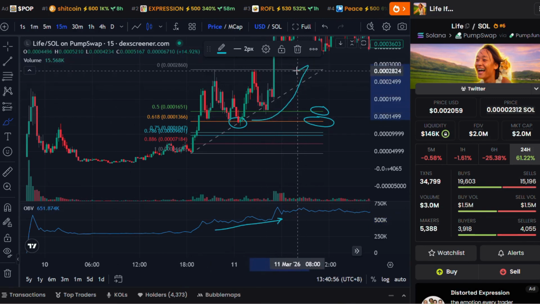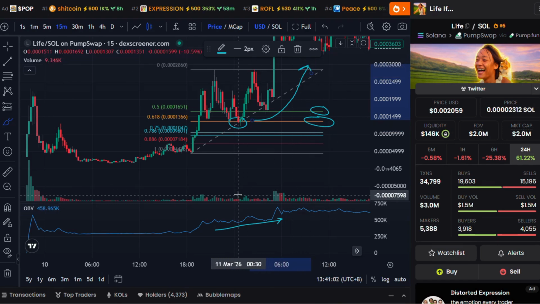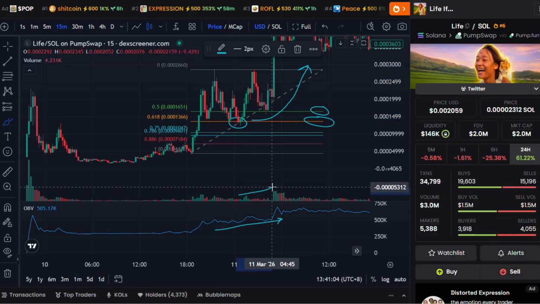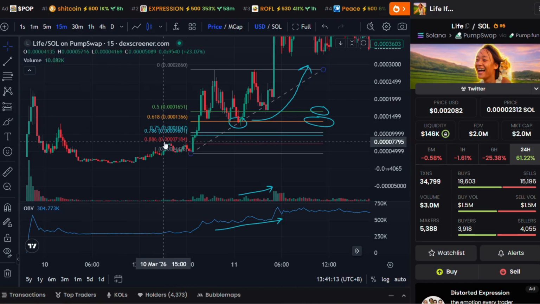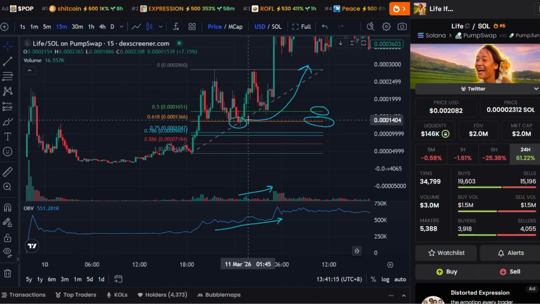In the Life chart, once the golden pocket holds and volume begins increasing, price begins its next expansion phase. This is a textbook example of how a healthy Fibonacci retracement behaves in a meme coin trend. The market pulled back, buyers stepped in, volume confirmed the move, and the next leg upward began.